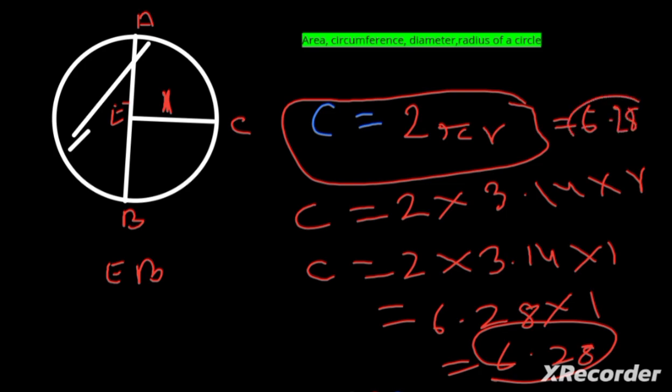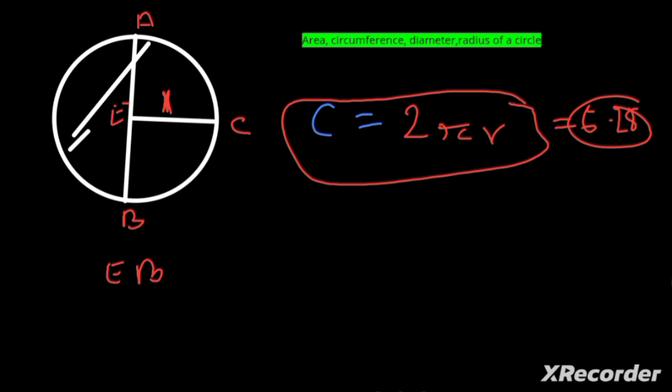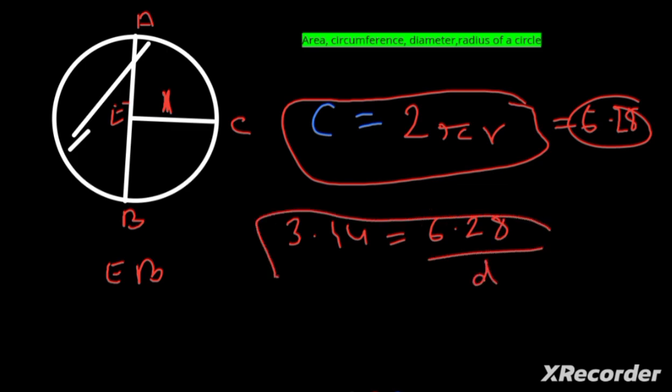We can find the diameter of the circle also because we know the circumference, and we also know that pi equals circumference by diameter, and we know the value of pi because it is constant for every circle. So let's talk about the diameter of the circle. 3.14 equals 6.28 by d. So you can calculate this and find the value of d.